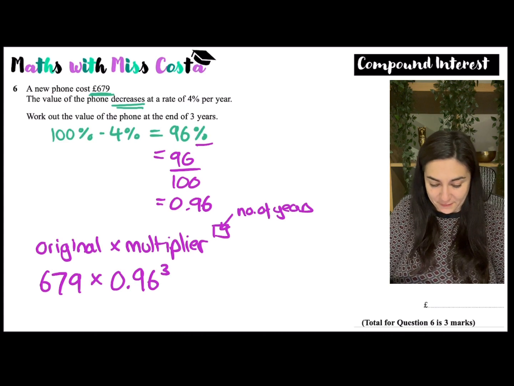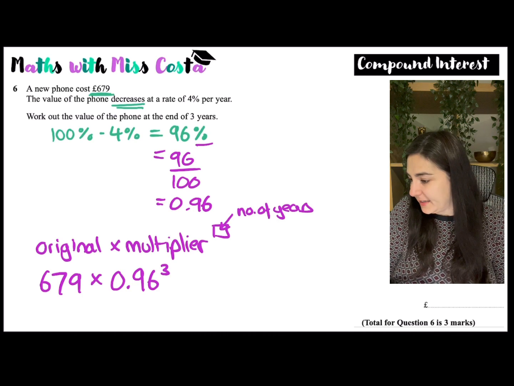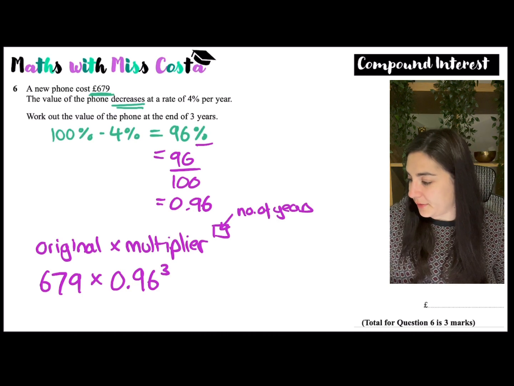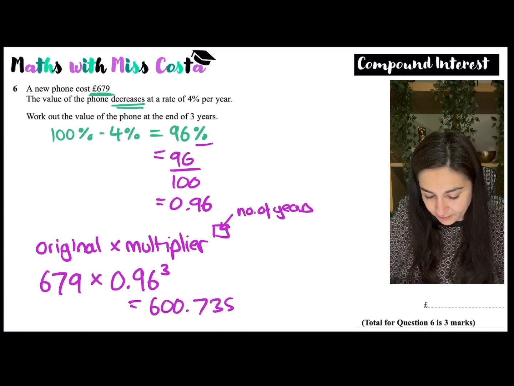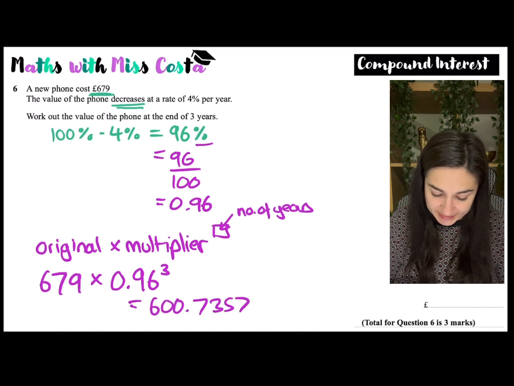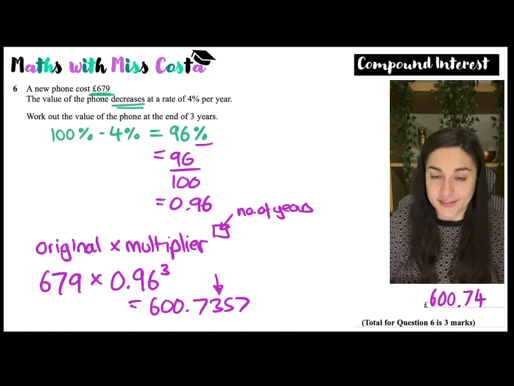So in my faithful calculator, 679 times 0.96 to the power of 3 gives me 600.7357. Obviously this is money, so I'm going to round it to 2 decimal places. So that would be £600.74.